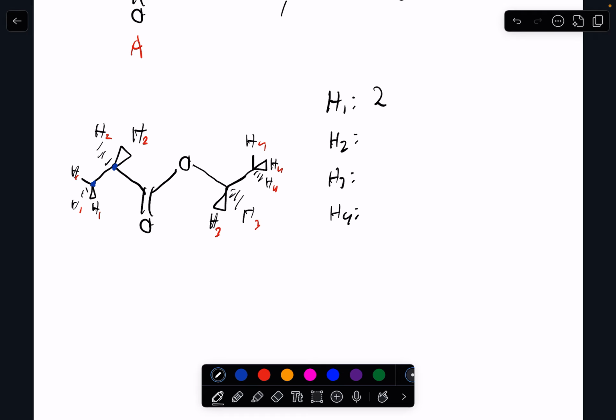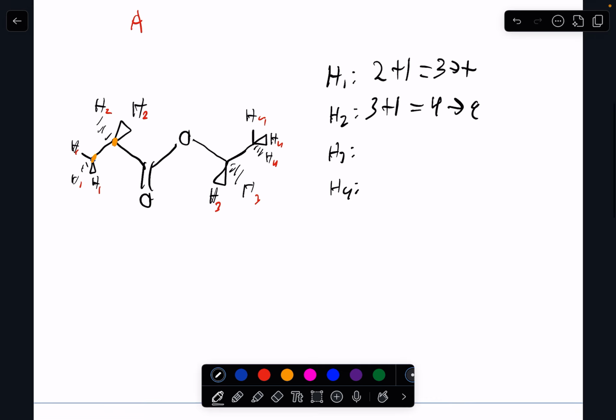Okay, n plus 1 rule, so we add 1 to get 3. 3 is a triplet. If we go to H2, this is the carbon that contains the protons. Then we look at the adjacent carbon, and we realize that there are 3 protons, plus 1, we get 4. This is a quartet.